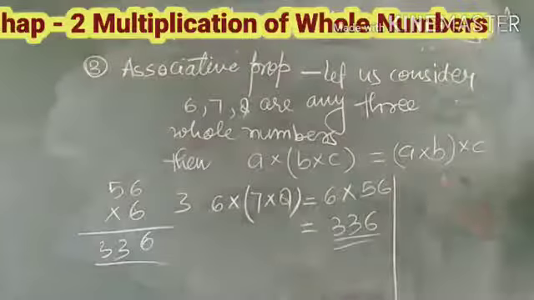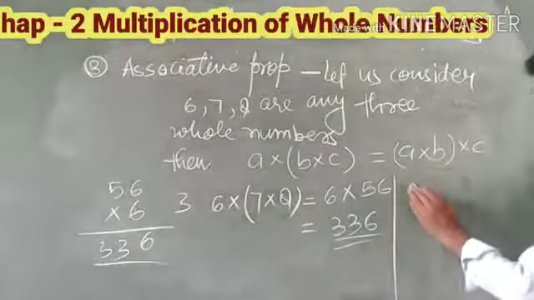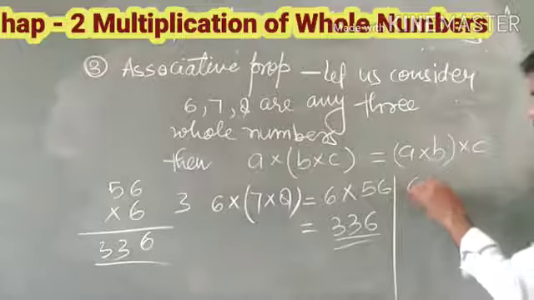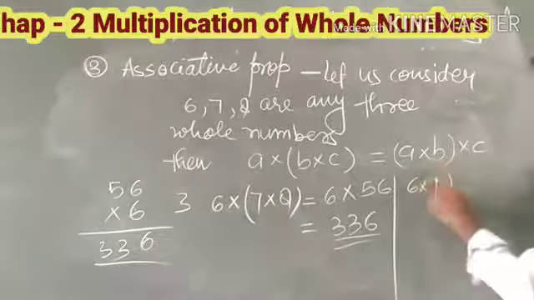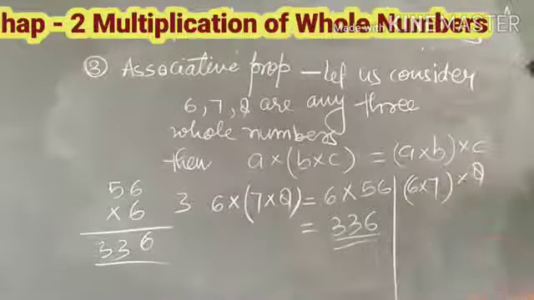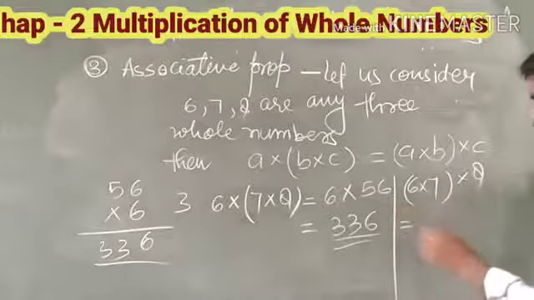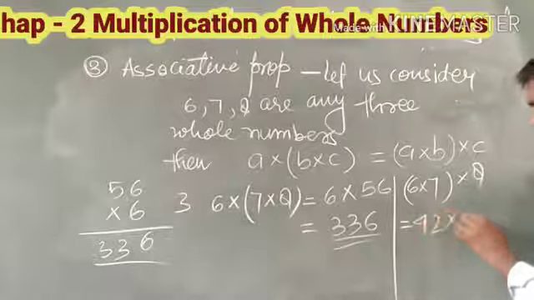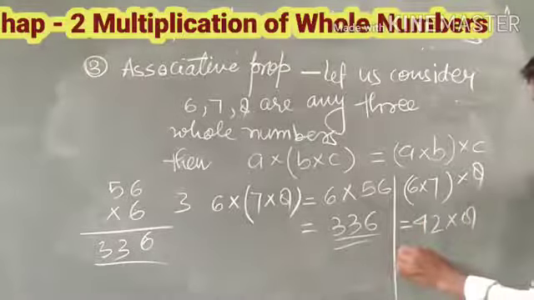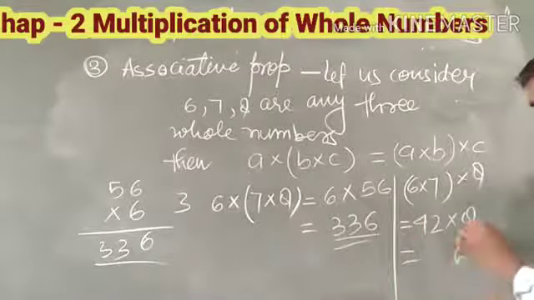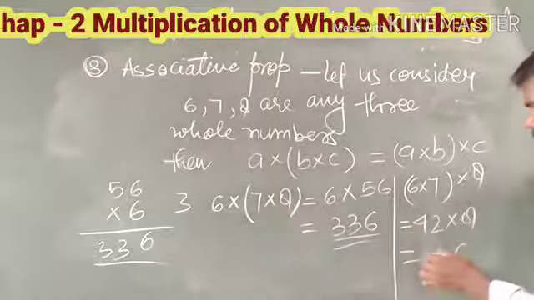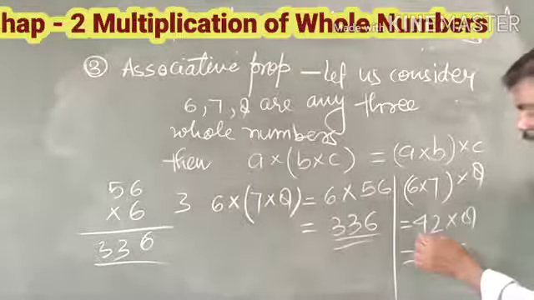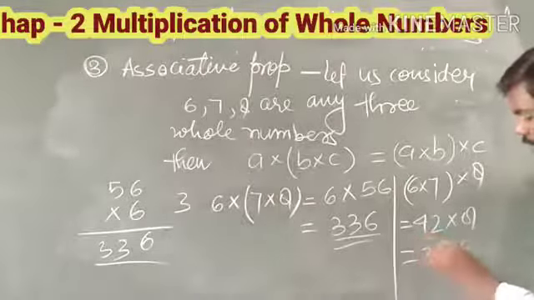So here with the help of this we can write 6 multiplied by 7 multiplied by 8. So this will be equal to 6 7s are 42 multiplied by 8. And here 8 2s are 16, 8 4s are 32, 32 plus 1 is 33.